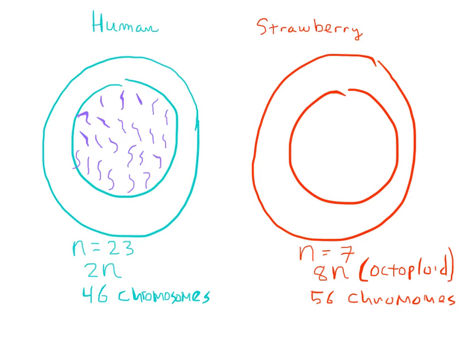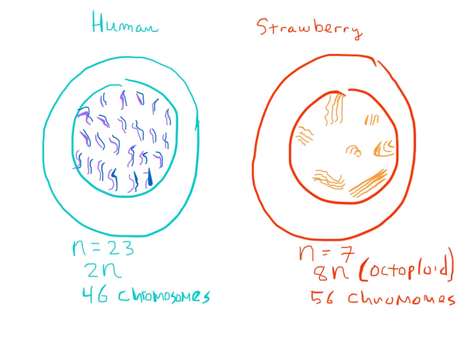So of course in a human 23 came from the mom and 23 comes from the dad. So they come in pairs, the pairs are homologous, and I'm trying to draw these pairs similar to one another. So if you count up all these lines, you'll see that there are 23 pairs totaling 46 chromosomes.